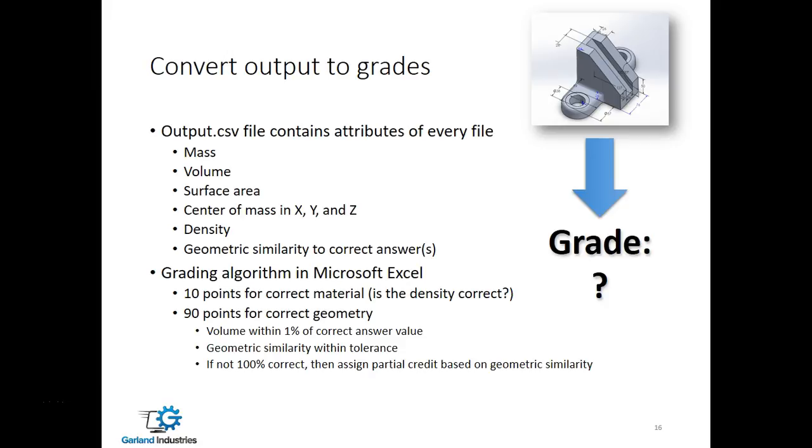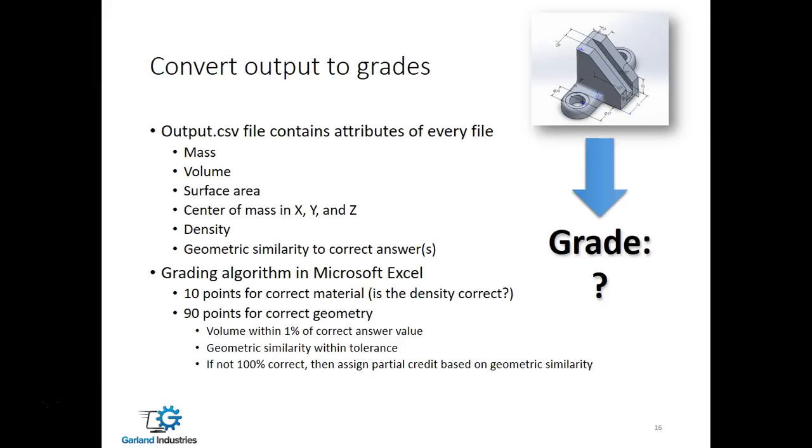So we also do the geometric similarity test to see if the shape is correct. The interesting thing is that the similarity comparison score is quite accurate, and if there's even a single sketch that is not fully defined, normally that will throw off the geometry enough that the geometric similarity score will be lower, and say that it's not exactly the same. It'll say it's like 98% similar, but it's not within the tolerance that's given by the output.